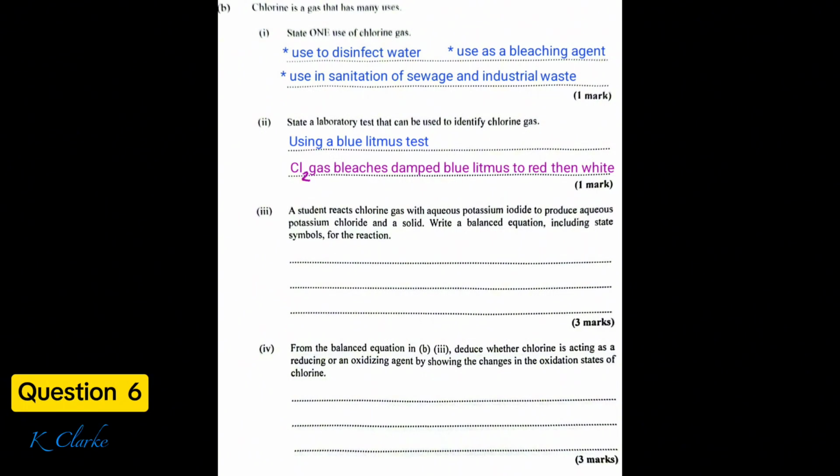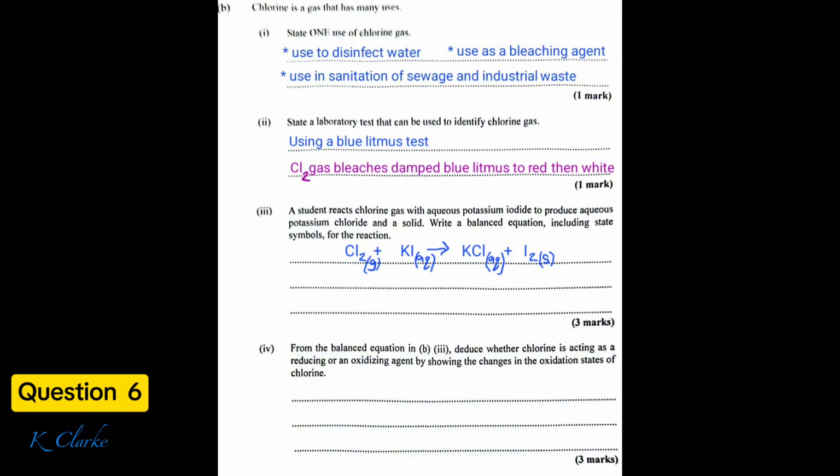Part 3. A student reacts chlorine gas with aqueous potassium iodide to produce aqueous potassium chloride and a solid. Write a balanced equation including state symbols for the reaction. Now the answer is chlorine gas Cl2 plus KI aqueous to form potassium chloride, which is aqueous, and the iodine molecule, which is solid.